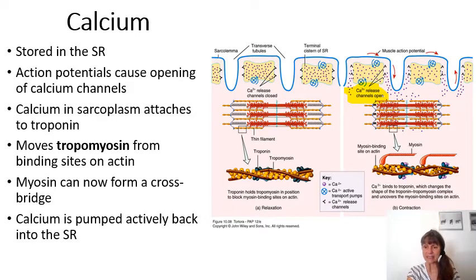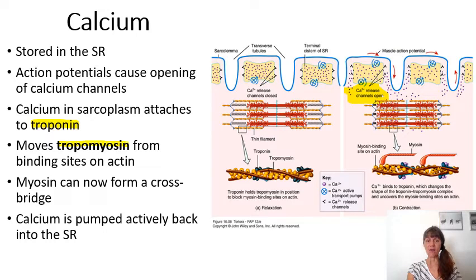Once calcium is released into the sarcoplasm, it will bind to troponin. Because troponin is bound to tropomyosin, when calcium binds to troponin, it changes the shape of troponin, thereby affecting the position of tropomyosin. Tropomyosin will move away from the myosin binding sites on actin, exposing them to the myosin heads.